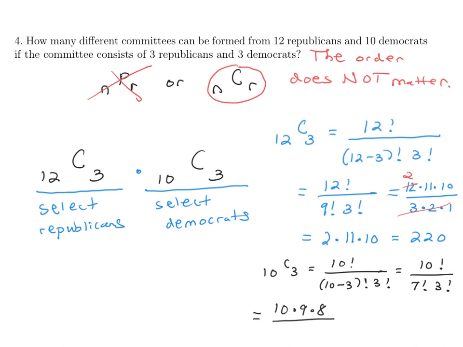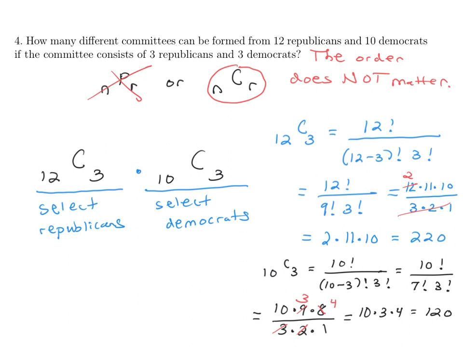That means 3 factorial is left over in the bottom, that is 3 times 2 times 1. Here, 3 goes into 9 3 times, and 2 goes into 8 4 times. So when we simplify this, this is really 10 times 3 times 4. 3 times 4 is 12, times 10 is 120.